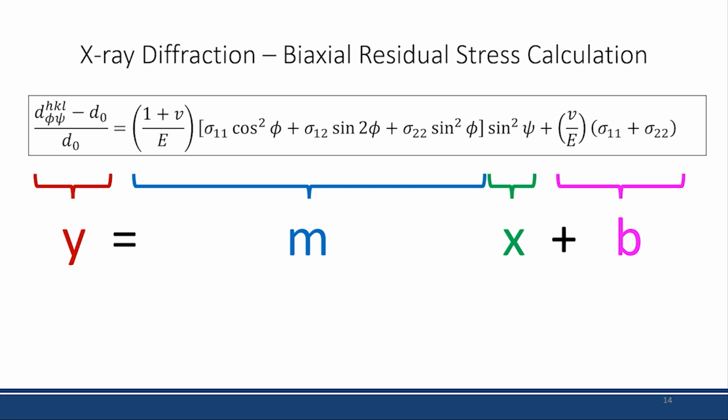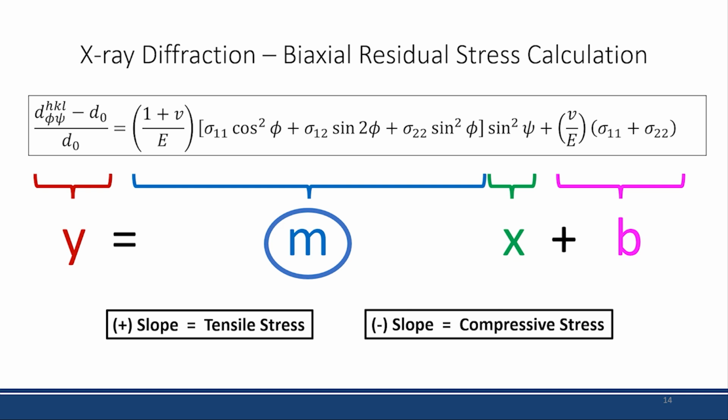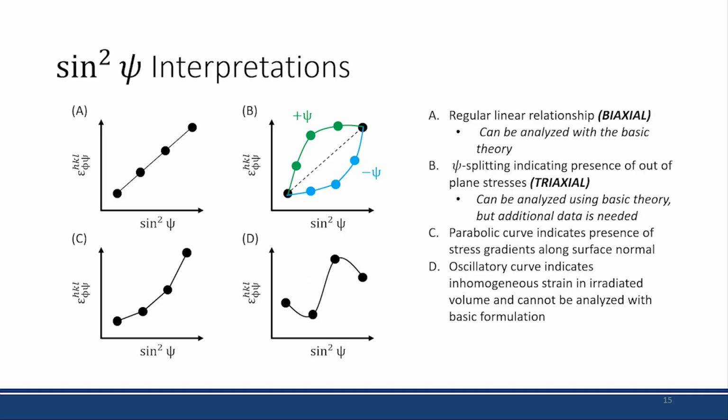And so what this looks like is basically just a linear equation from high school math or junior high math. And we can relate each one of these 3 directions of stress, sigma 1 1, sigma 1 2, and sigma 2 2, directly to the slope of our measurements. If we see a positive slope, we see a tensile stress. If we see a negative slope, we see a compressive stress.